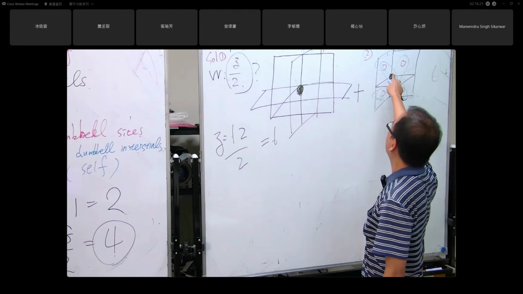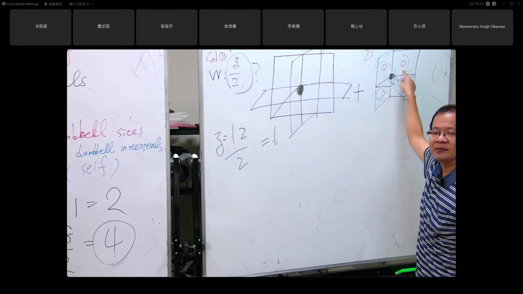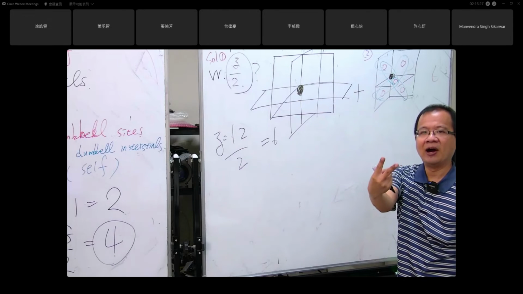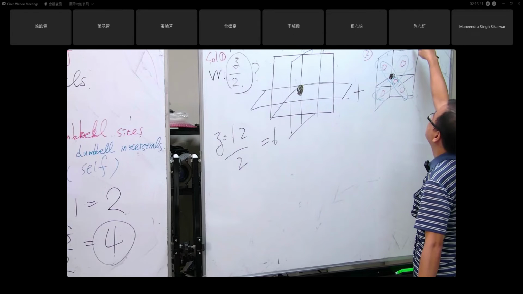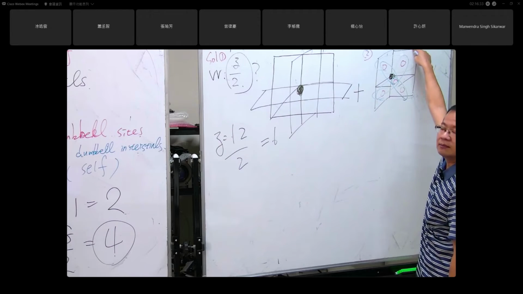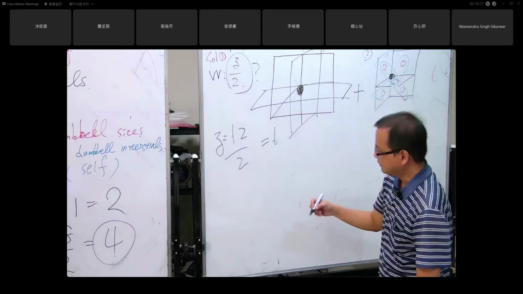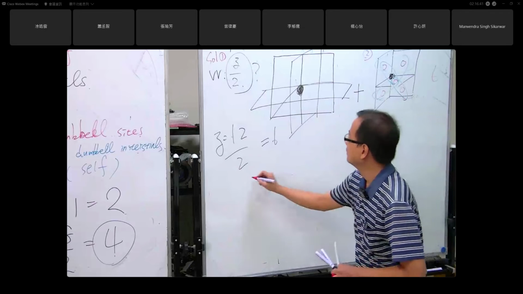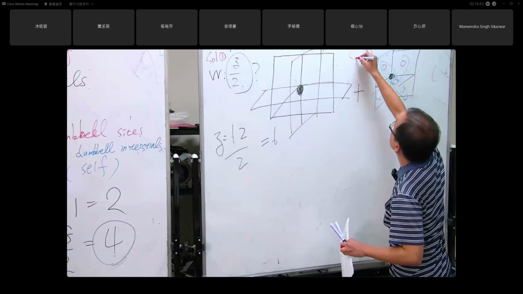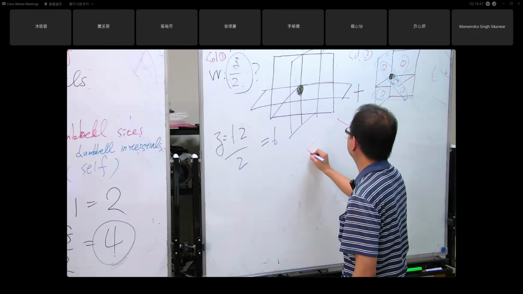For the four corners like this, each atom side has been counted twice, right? Because this atom will be shared by the other corner neighbor, right? So let's have the third solution by combining these two.